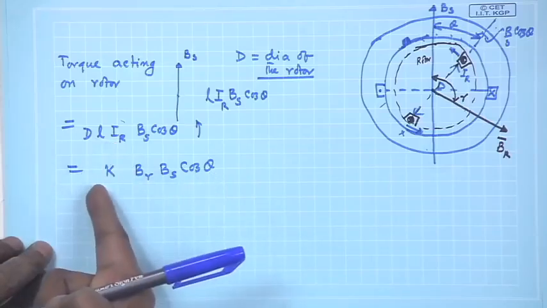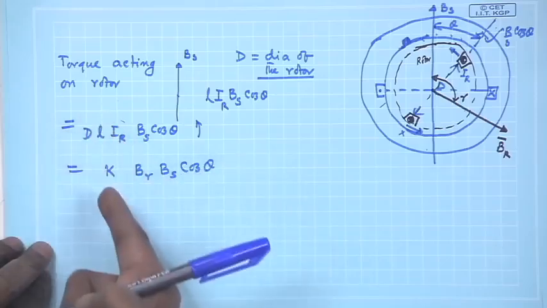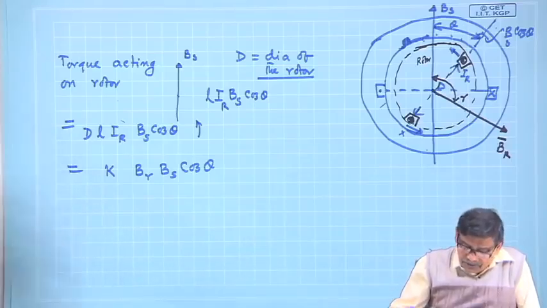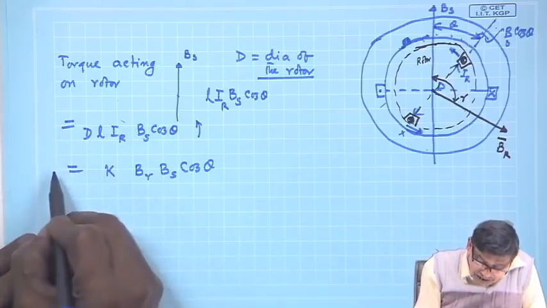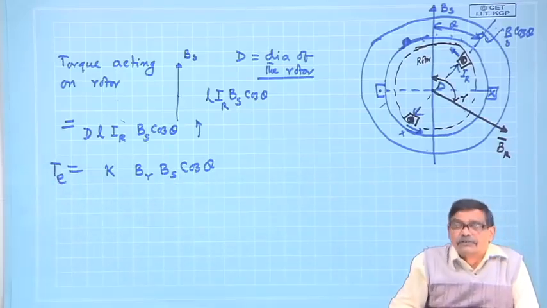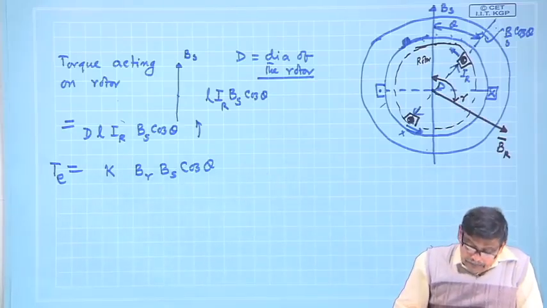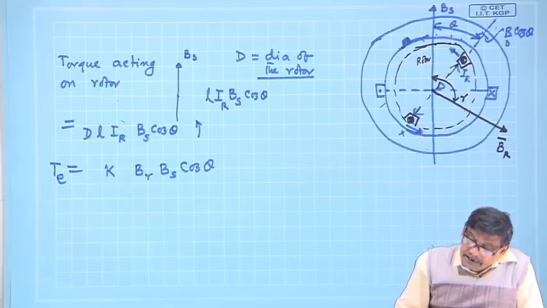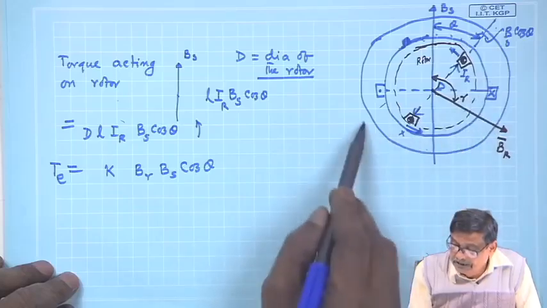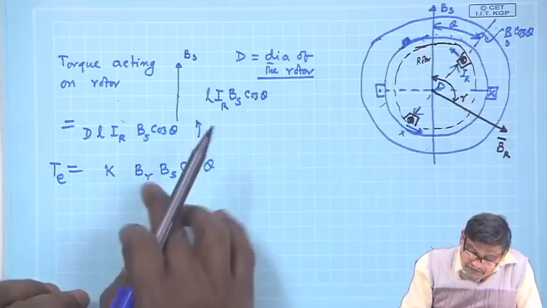Therefore, with some constant k, this dL also gets absorbed in this constant, apart from whatever other H2B, mu 0, this, that. So ultimately the electromagnetic torque is k BR BS cos theta. What is BR? BR is the peak value of this sinusoidally distributed rotor flux density. What is BS? The peak value of this one.